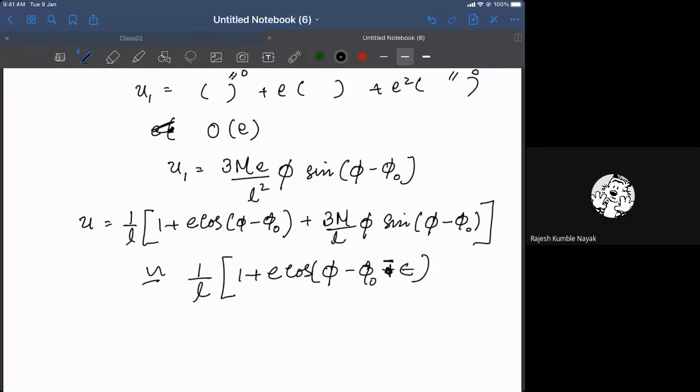You could write this as epsilon, and you can simplify this to this, where epsilon is given by 3ml into phi. So this actually tells you that the precision does happen. When phi turns back, it would come back to a slightly different position, because there is this term which is added with phi, which is actually the precision.